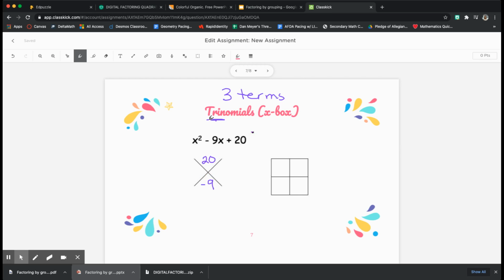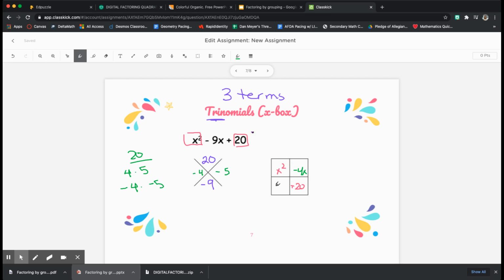We're going to remember that we can start filling in this box with the x squared from here and the positive 20 from here. And when we think about all of our factors of 20, we need a set that is going to get us to a negative 9. So here I would use negative 4 and negative 5.